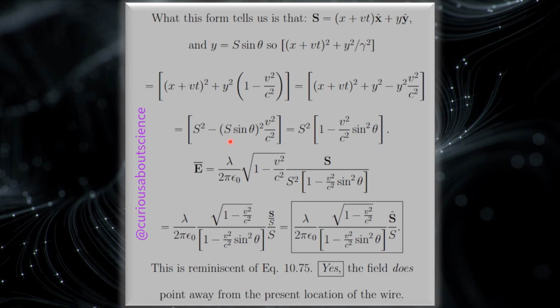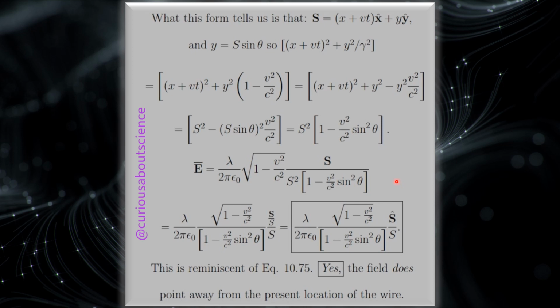In doing so and squaring it, we can factor out the s squared. And so we're left with E bar equal to lambda over 2 pi epsilon naught times 1 minus v squared over c squared, divided by the s vector magnitude squared, and then this Griffiths term with the sine in it. Why does this matter?